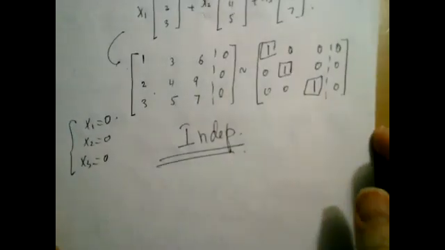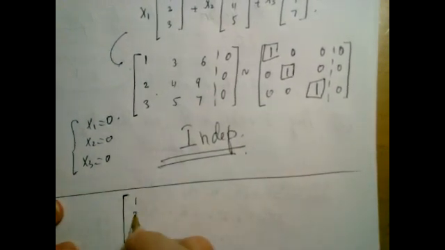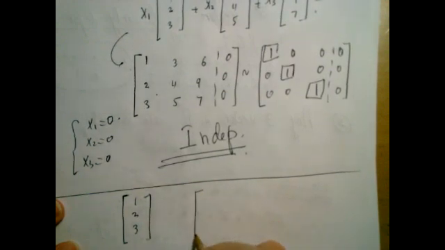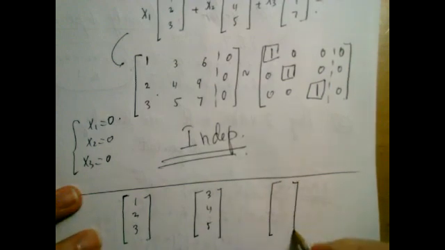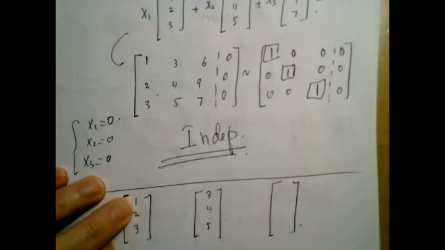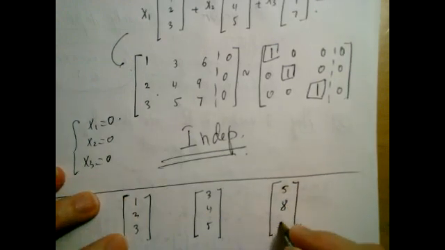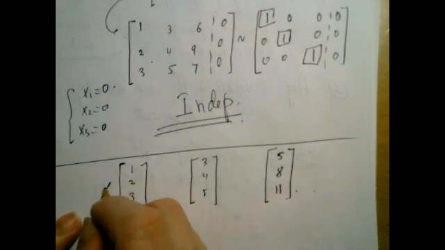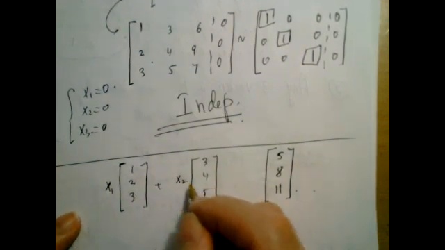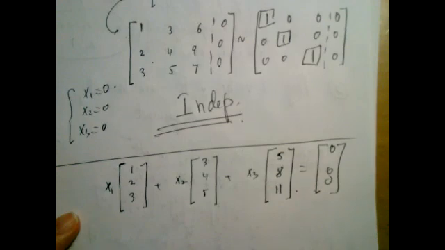However, if I change those vectors a little bit, I'm going to take 1, 2, 3, and 3, 4, 5, and a third vector, for example, ending with 5 and 11. I just changed them a little bit, and the question is again dependent or independent. So we have to solve and ask ourselves, do we have a non-zero solution?